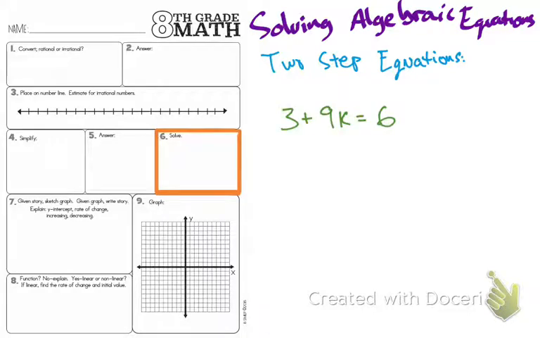Here we have 3 plus 9k is equal to 6. In this case, we have addition and we have multiplication. Again, I always want to start by looking to see if I can simplify. In this case, there's nothing I need to do to simplify. It is already simplified. So we're just going to start solving by using our inverse operations.